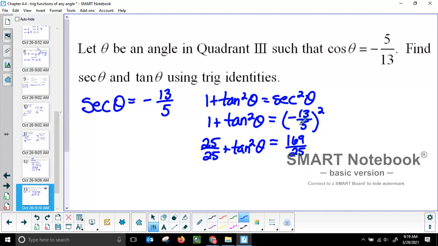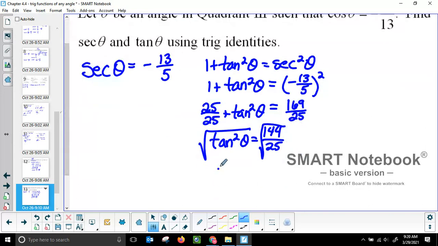Now we can subtract 25 over 25 from both sides, and we get tan squared theta is equal to 144 over 25. So now we take the square root of both sides, and we get that tangent of theta is equal to 12/5.